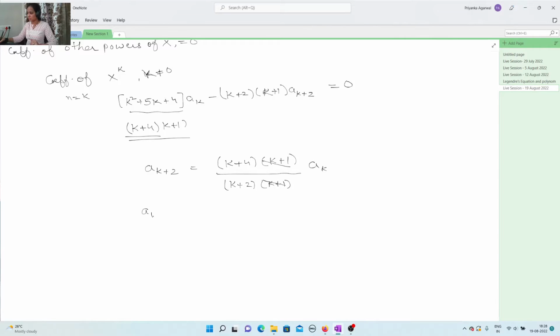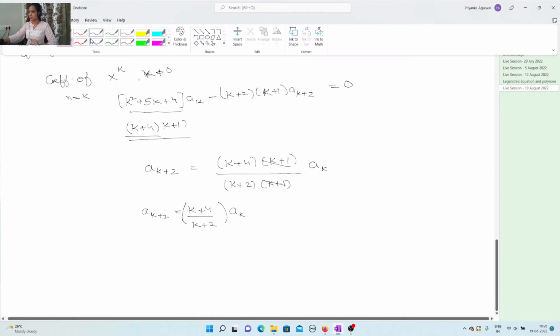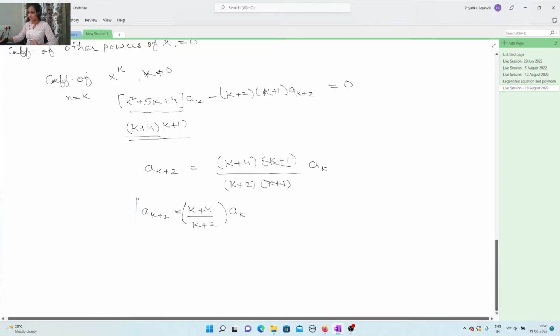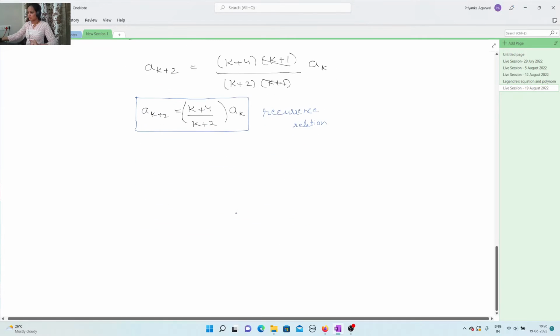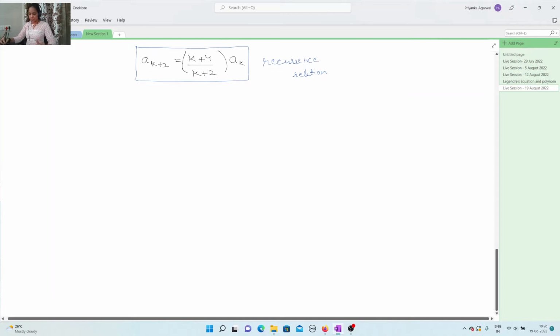Now what we have here is a k plus 2 equals k plus 4 over k plus 2, a k. Okay. So this is the recurrence relation which we have. This is called a recurrence relation.